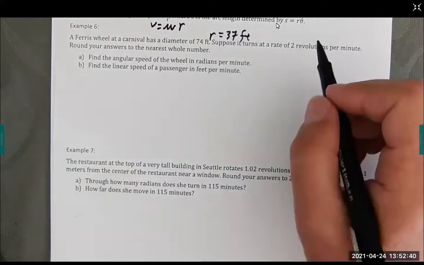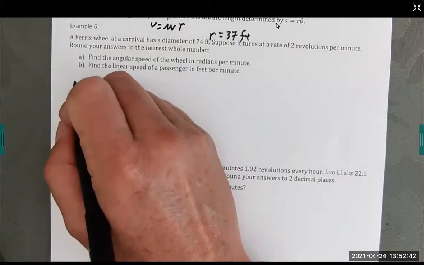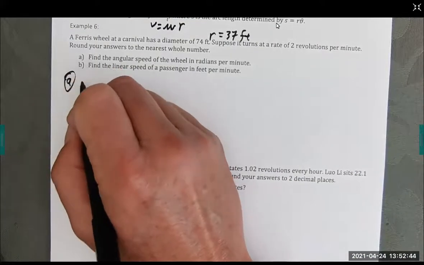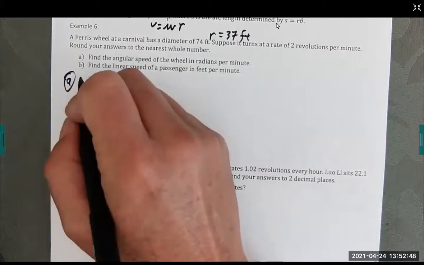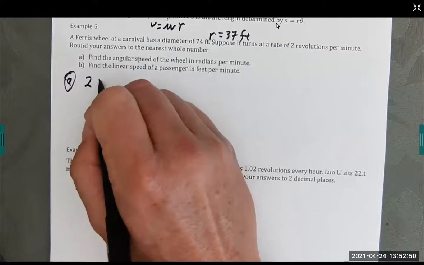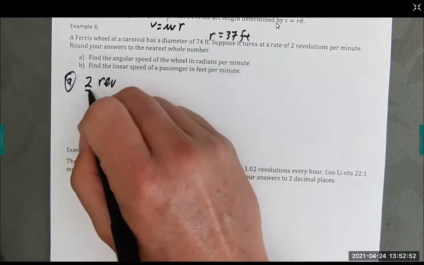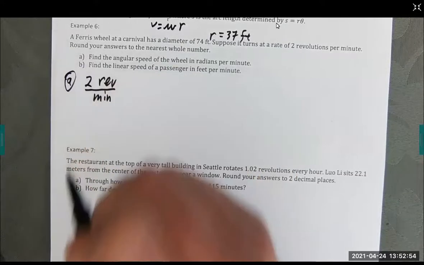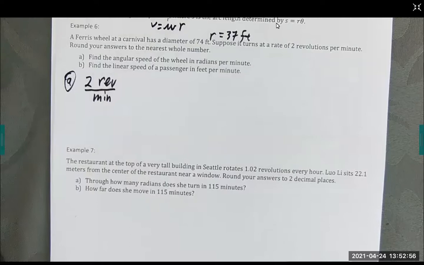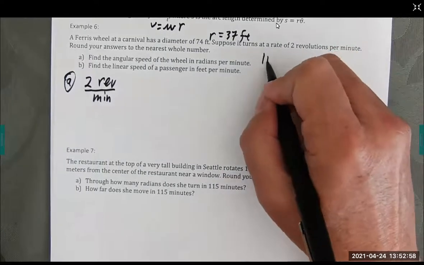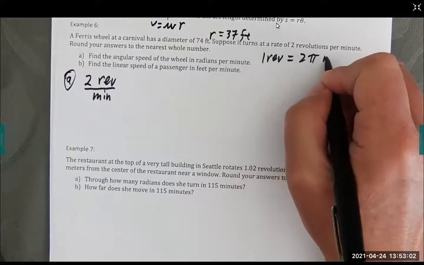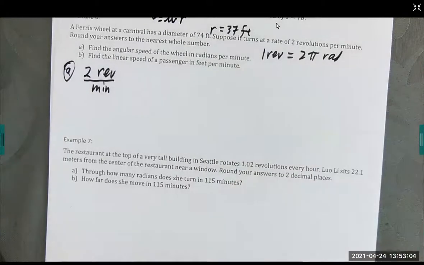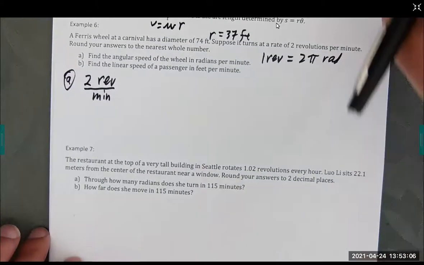This actually is sort of an angular speed, but what we're going to have to do is take the 2 revolutions per minute and change it to radians. Now, 1 revolution is the same thing as 2 pi radians, or 360 degrees if we wanted to use degrees for some reason.